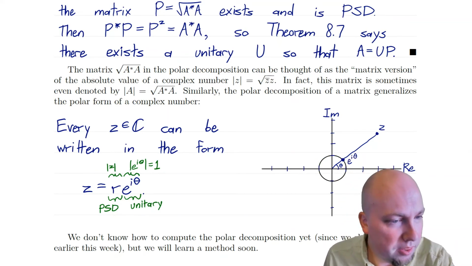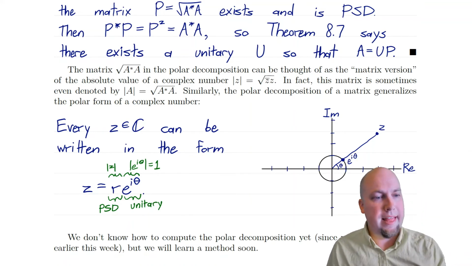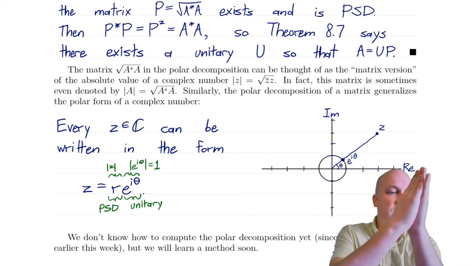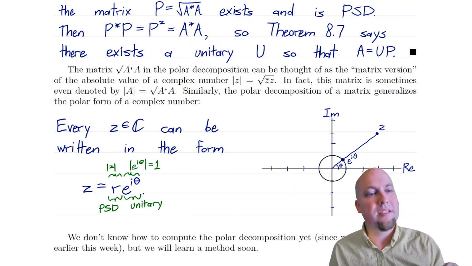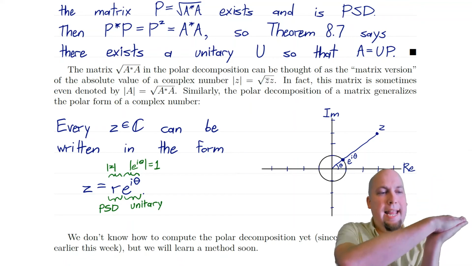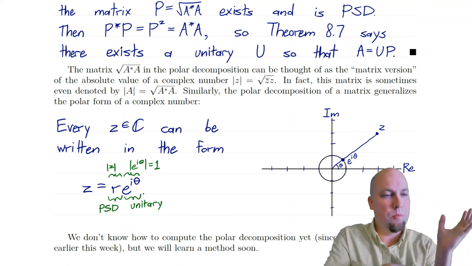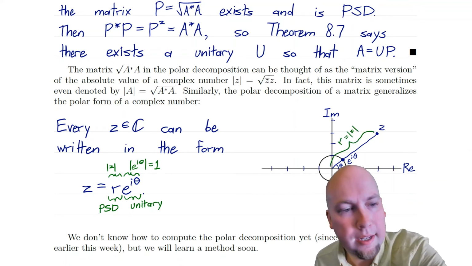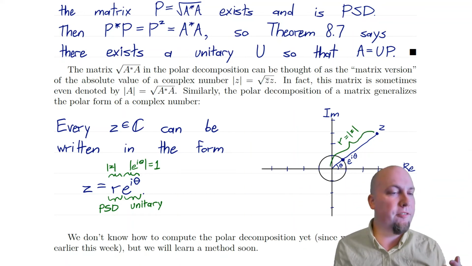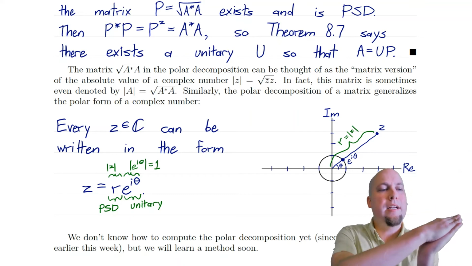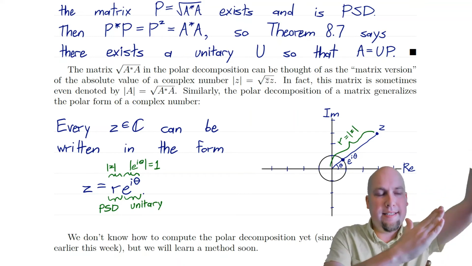This spot here, e to the i theta, is the number at the same angle theta, but at a distance of 1. It's just on the unit circle. That piece specifies what angle Z is at, the rotational piece of Z. Whereas the length of this line specifies how big Z is, how far away it is. You can always break a complex number down into its angle and its distance.